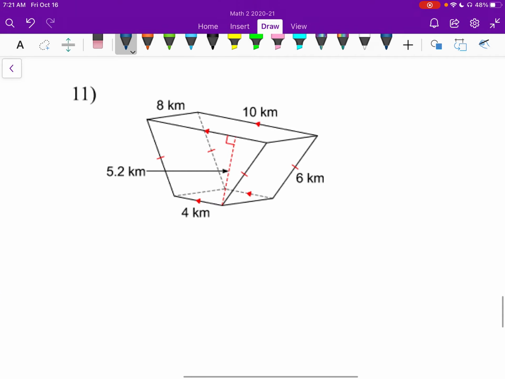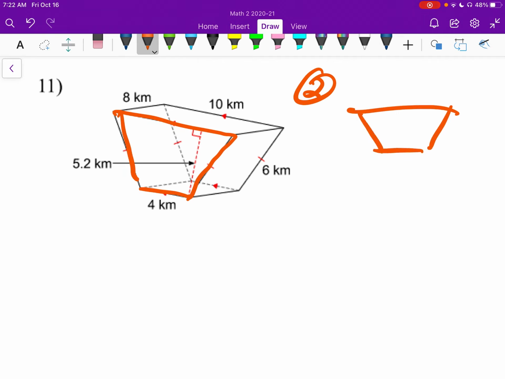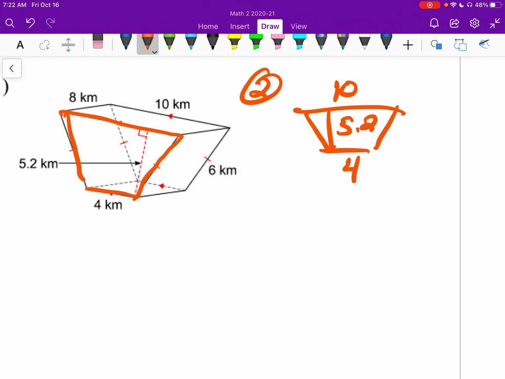All right, last one, another trapezoid problem, just because those seem to be ones that people have trouble with. So I'm going to start off with the trapezoid. I have two of those. Right, and I can write in the pieces of it. Now I'm going to do this side here, along with this side here.